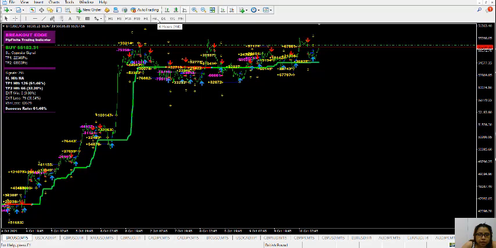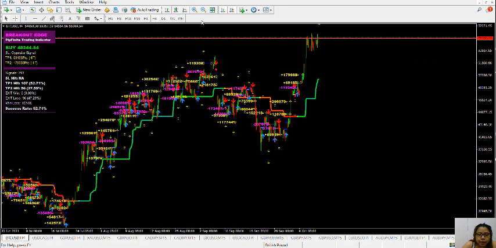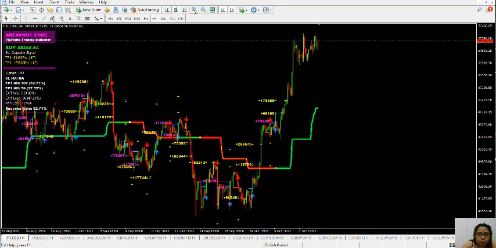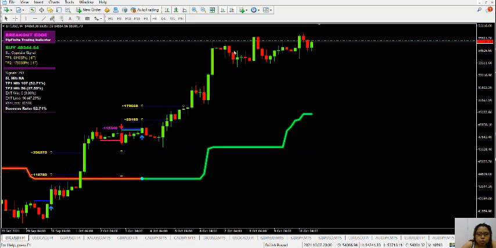This is how it looks in the higher time frame, which is H4. If we zoom out, we can say that this is just a retracement in an advance in the market.